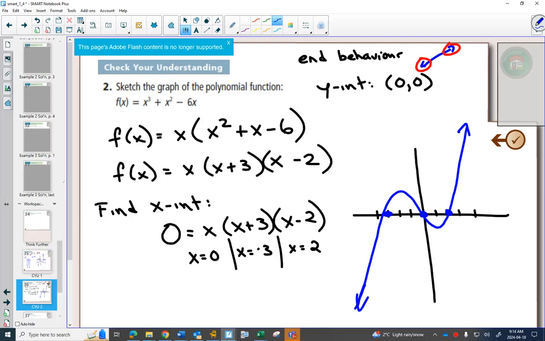Where do we have inaccuracies? We don't know exactly how high or how low it goes as a local max or a local min. We're going to need calculus next year to find it, right?